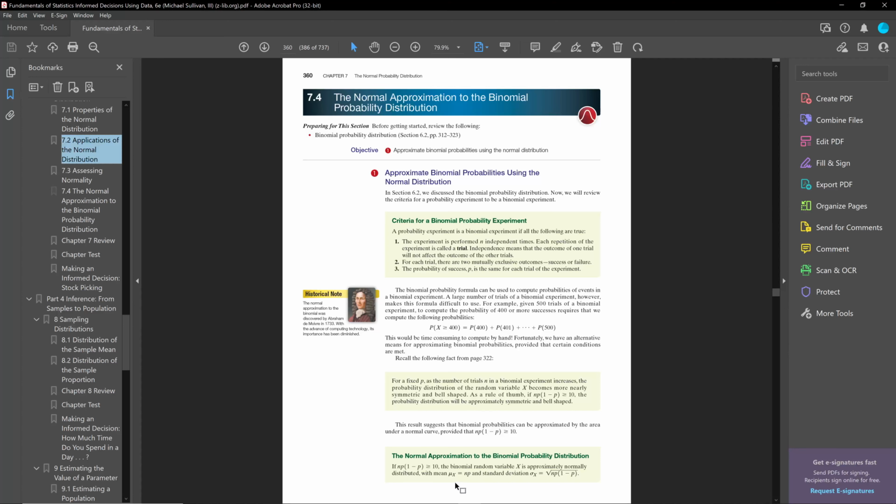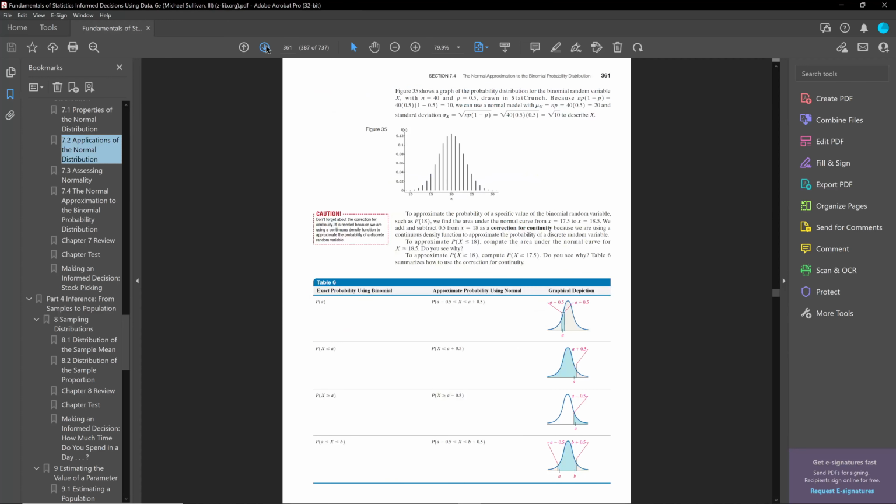So this one, 7.4, is dealing with approximating the binomial probabilities using the normal distribution. And here's what they're saying. If you're looking for the exact amount, then it will be the left and the right values of it.